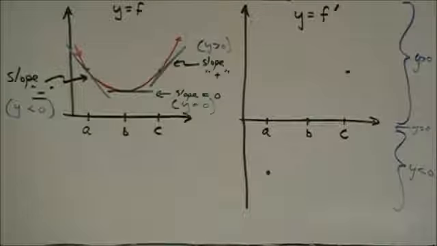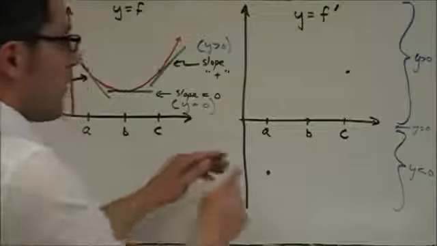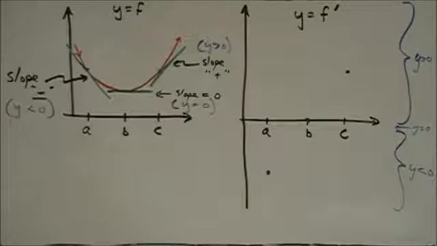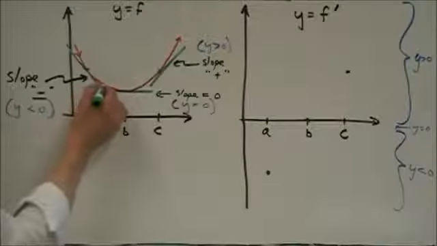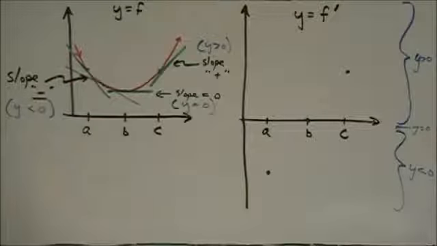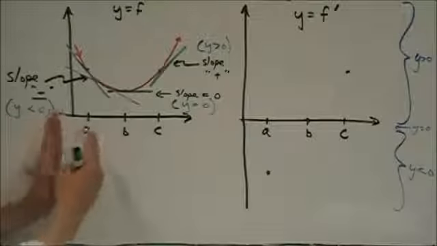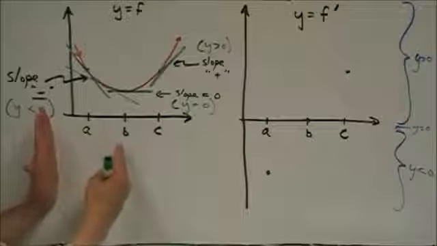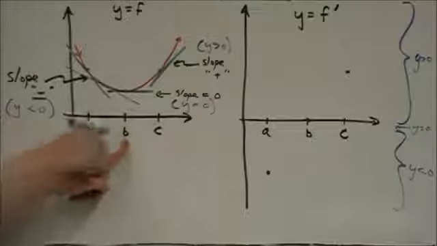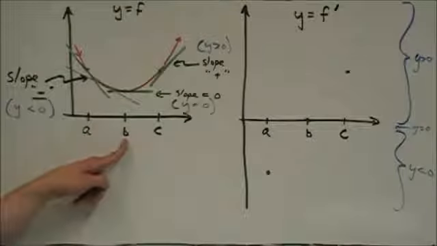And notice that if I want to fill in the gaps in between these 3 points, it's not so hard to see that if I were to draw more slope lines, if I drew another slope line here, for example, and so on and so on, you can see hopefully that all the slope lines from B back out this way are all going to be negative, right?